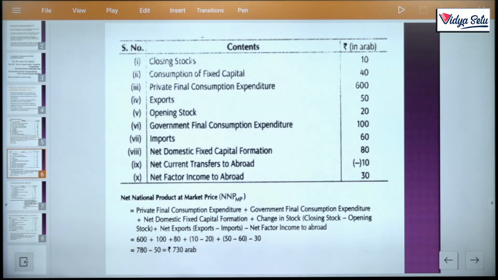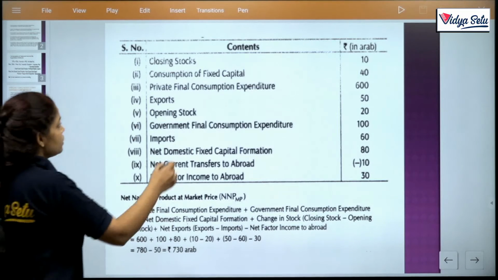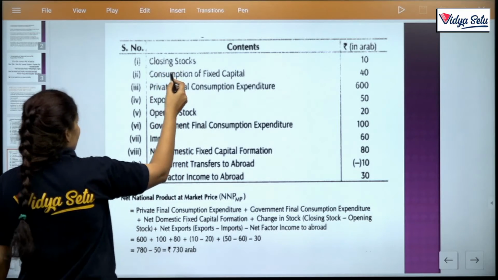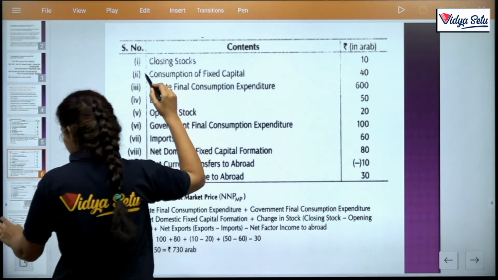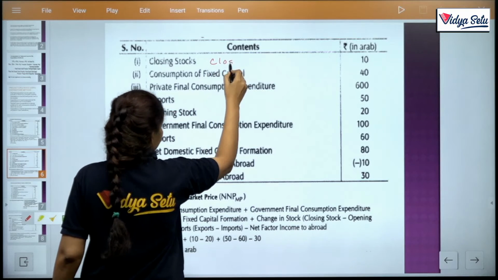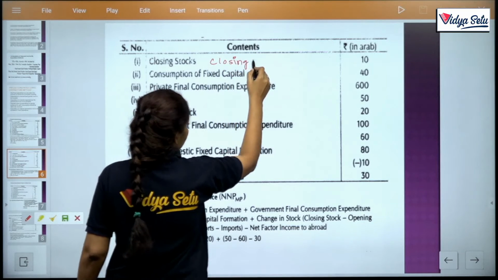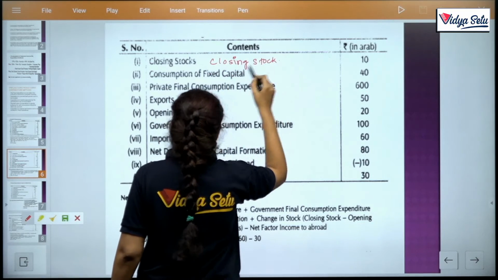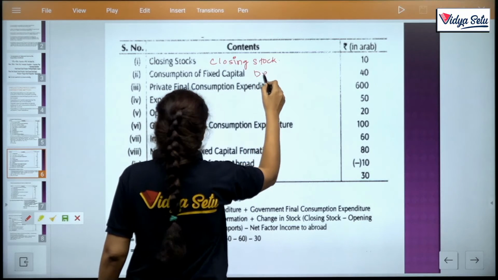This one is, if you can't see, I just write the word that this is closing stock. This is closing stock. Okay, this is depreciation.